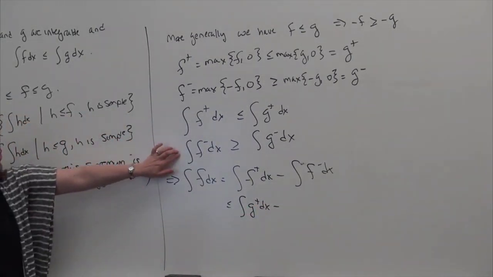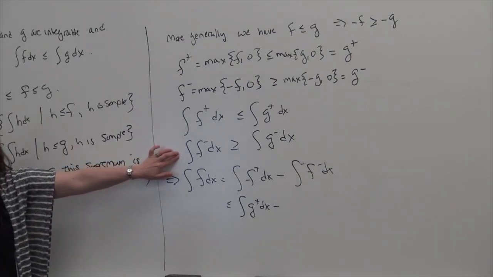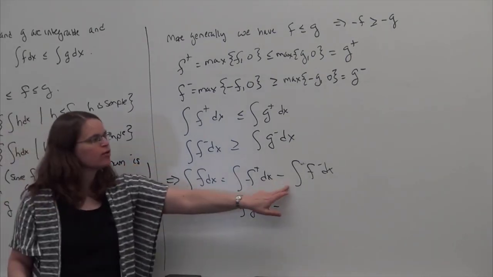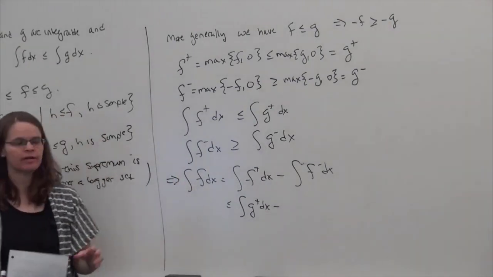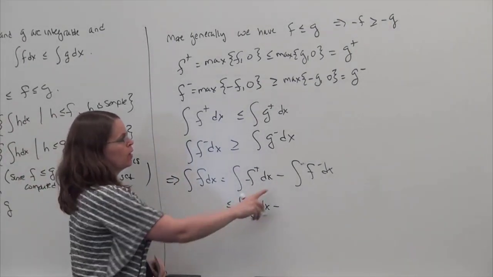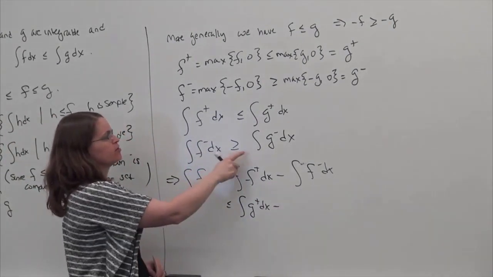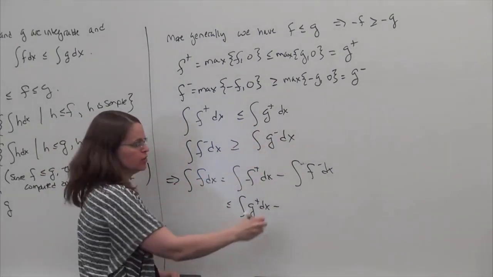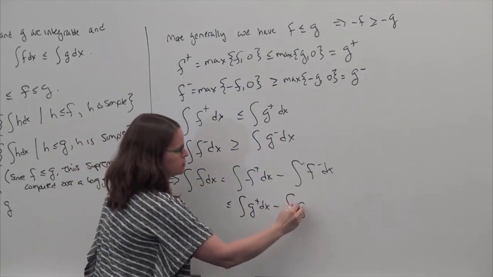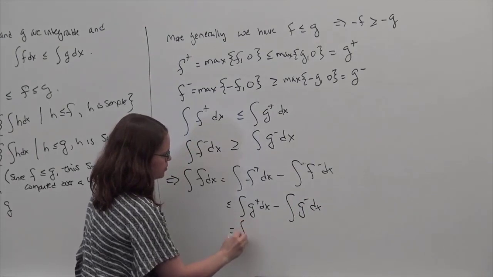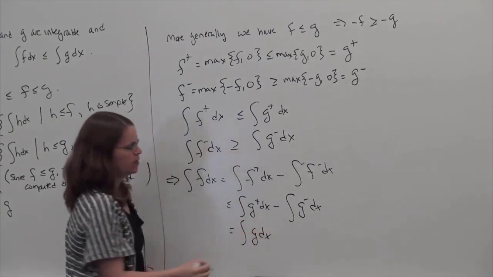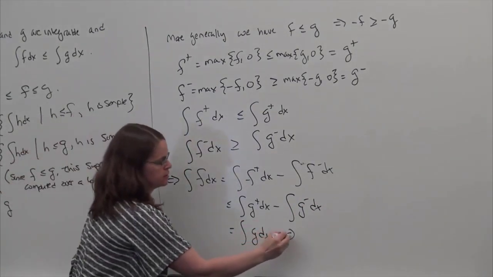Now here we have the reverse inequality, but that ends up being a good thing because we also have a minus sign in front of it. So minus this integral is less than or equal to minus this integral of the negative part of g. And indeed, we get the comparison result that we wanted.